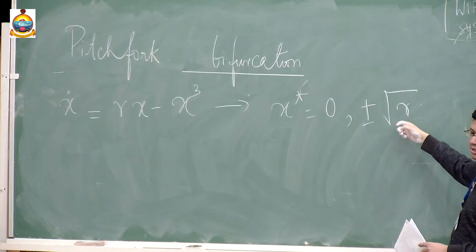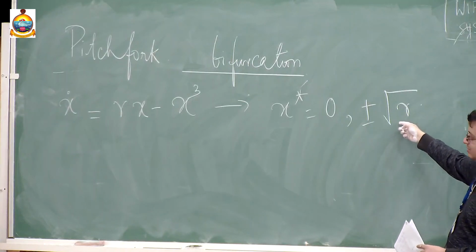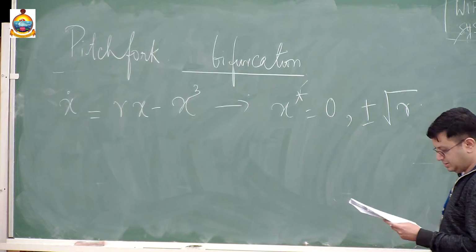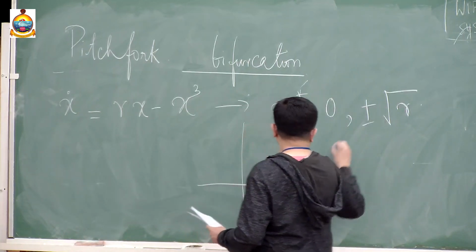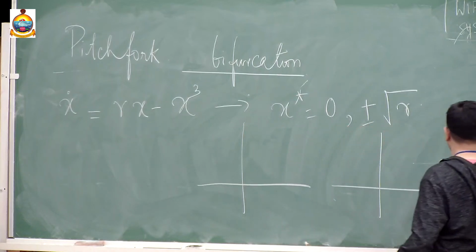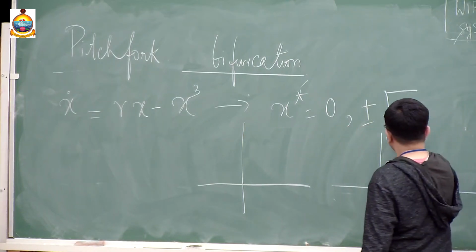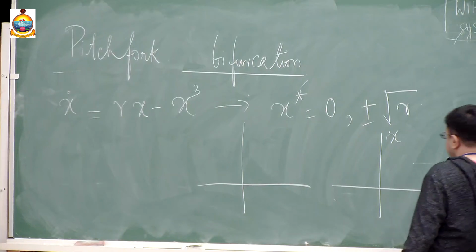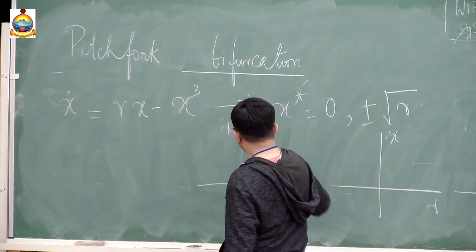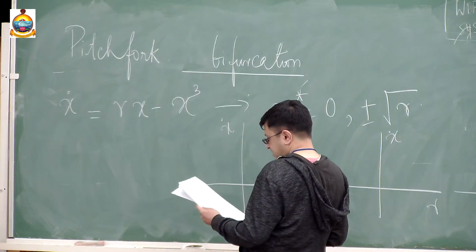And again, this fixed point is not going to exist if r is negative, while this one is always going to be there for all values of r. So if I just plot these three, so x dot as a function of r.